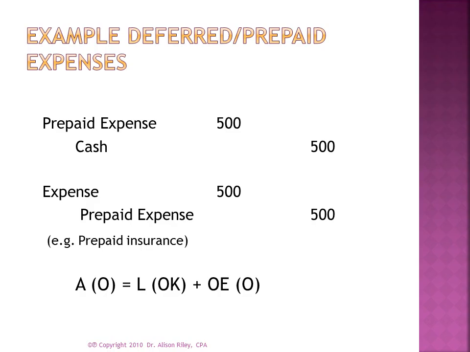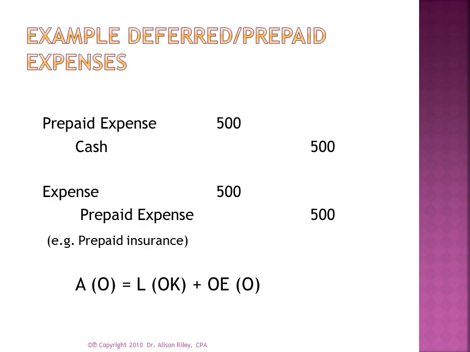This slide shows that as soon as we have made a cash outlay for a future expense item, we record the payment at that time with a credit to cash. The corresponding debit is made to a prepaid expense account, which is an asset account. This entry is not an adjusting journal entry, but is simply made at the time at which we make the cash outlay.